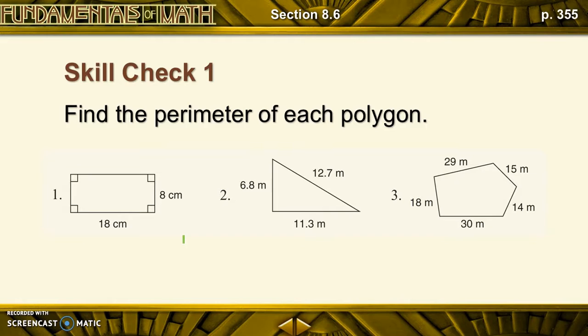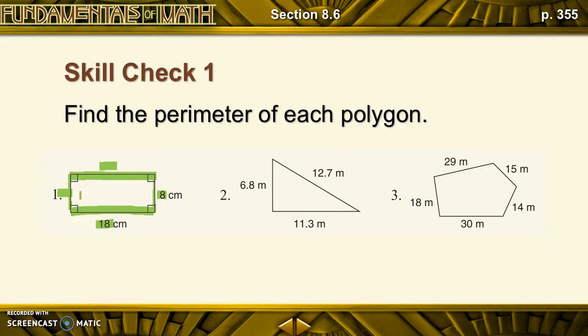Okay, so whenever we take a look at this, we need to remember that when we have a figure that they only give us one side, or one of the two sides, like for instance this is 8, we know that the one across from it would also be 8. And this is 18, which means the top would also be 18 because this is the same length as the top, and this is the same length as the side.